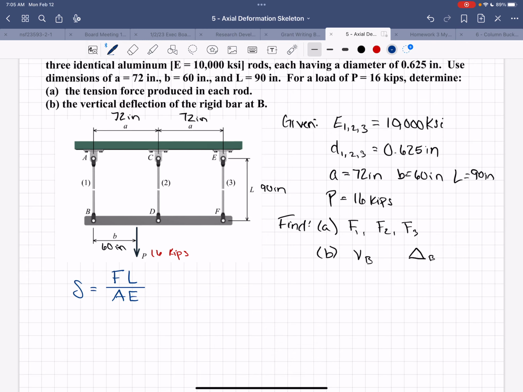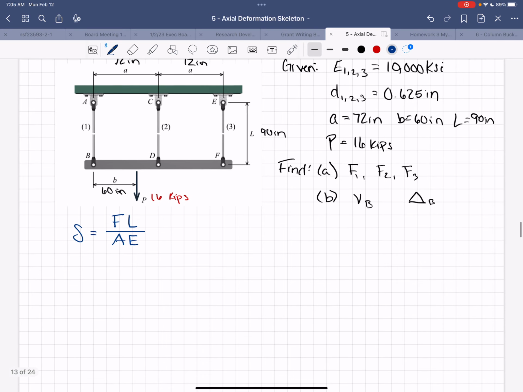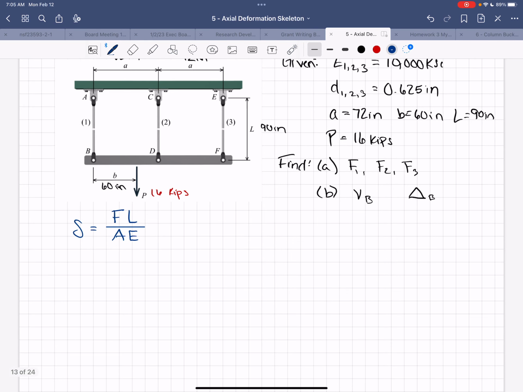Okay, so we have our solution process that we laid out. And the first step of our solution process is to draw a free body diagram and write the equilibrium equations.